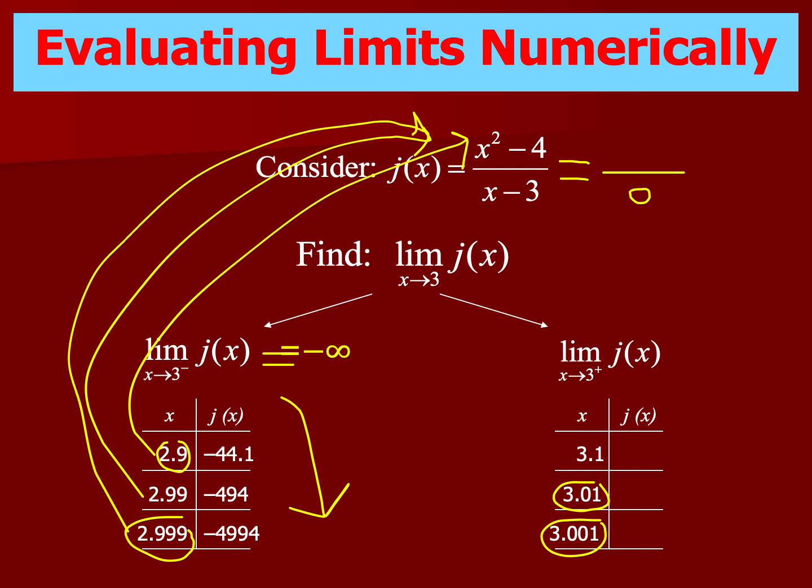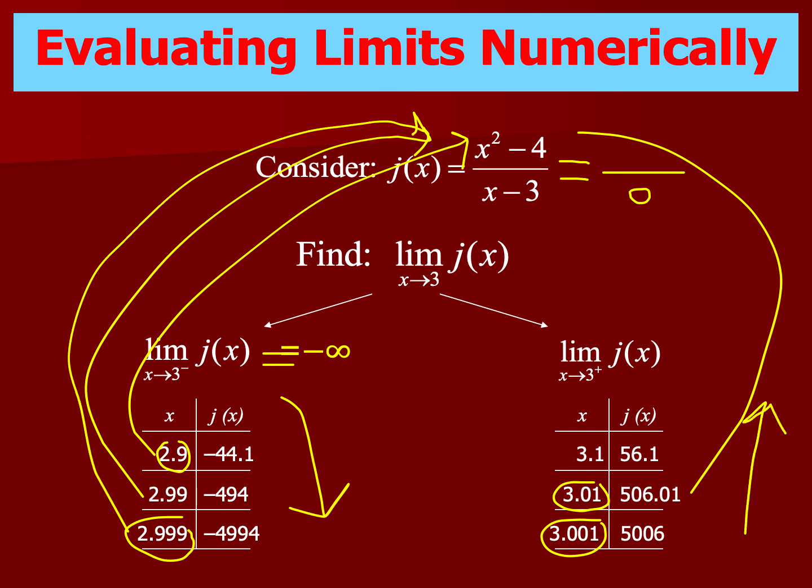If I go to the right side, when I replace, I get 56.1. When I replace again, I get 506. When I replace 3.001, I get 5,006, which means the numbers are going very clearly to plus infinity, increasing to plus infinity. It means the behavior of this graph is going up.